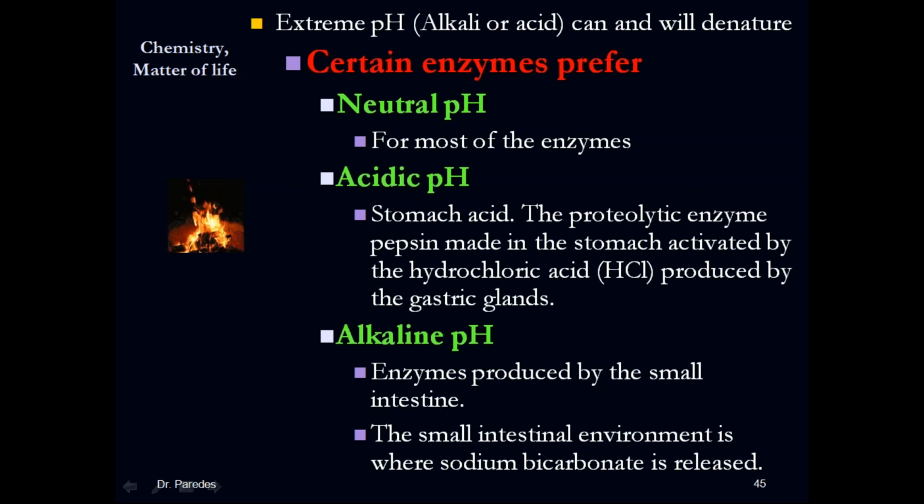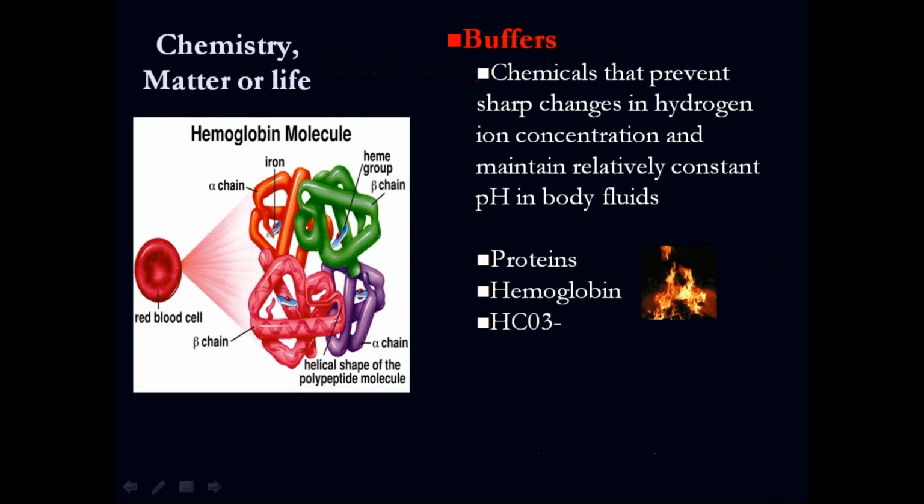If you have, for example, acidosis or alkalosis, which can be respiratory or metabolic, the enzymes are not going to work. So you cannot obtain energy efficiently, for example, right? So remember, in few words, enzymes mostly work in a neutral environment.